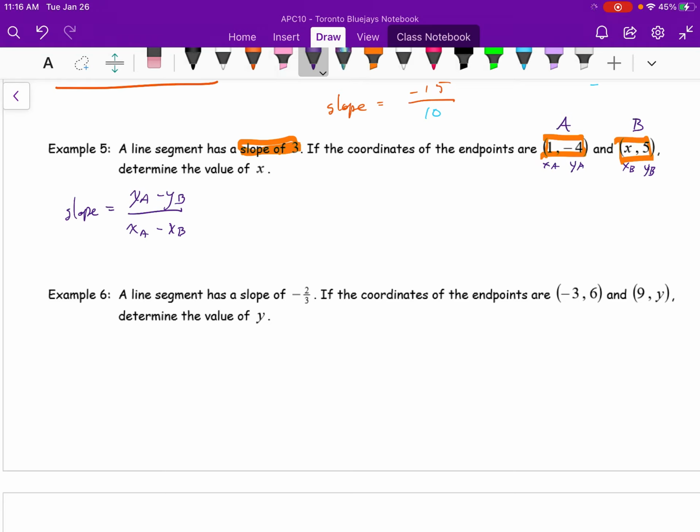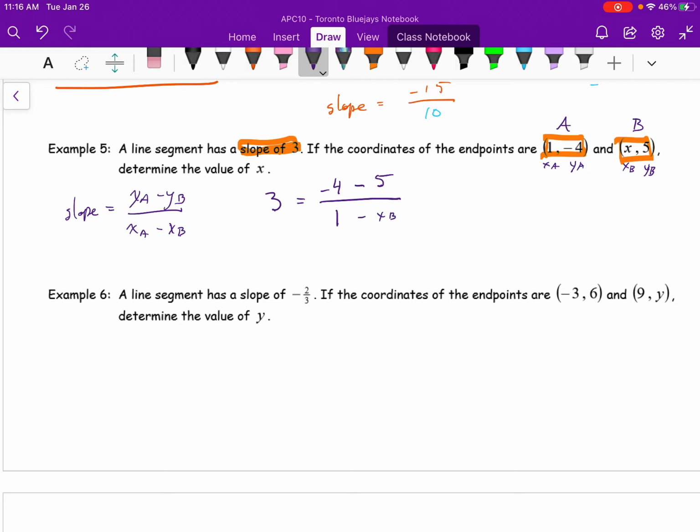So the slope is 3, so I'm going to substitute that in. YA has a value of -4, YB has a value of 5, divided by XA has a value of 1, minus XB. Now XB I'm just going to leave as XB to indicate that it's an unknown.